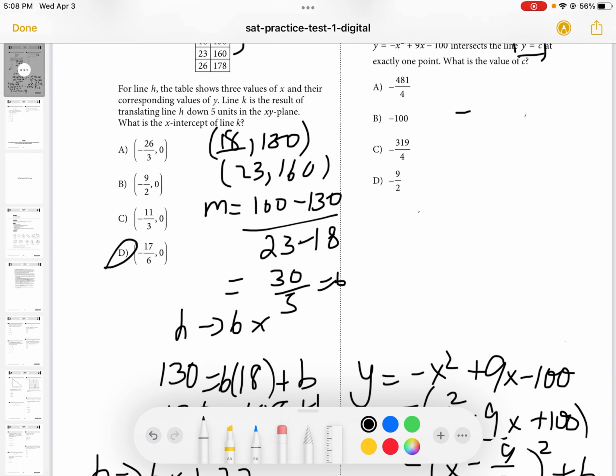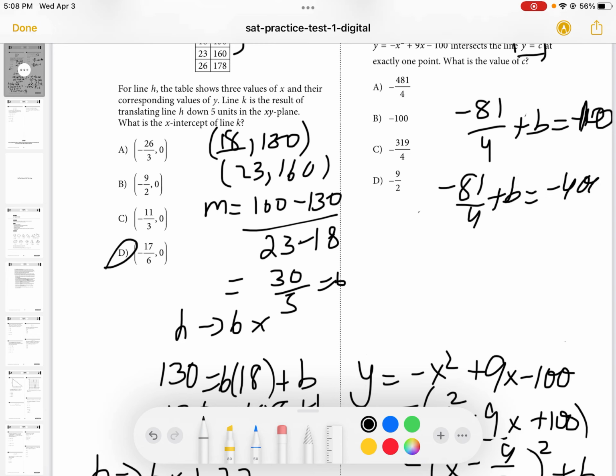Let me rewrite the equation. Negative 81 over 4 plus b has to equal negative 100. So negative 81 over 4 plus b is equal to negative 400 over 4. So b is equal to negative 319 over 4.